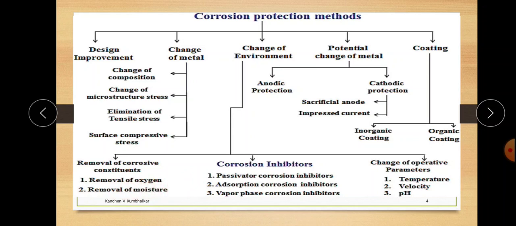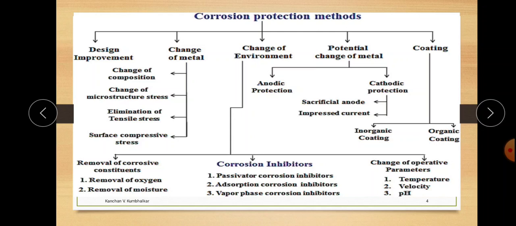Next one, corrosion inhibitor. Inhibitor means it works exactly against, like a catalyst. The catalyst enhances the rate of reaction, the inhibitor works against it, that is, it inhibits the rate of reaction. So the corrosion inhibitors are the chemicals which are added which diminish the rate of corrosion.